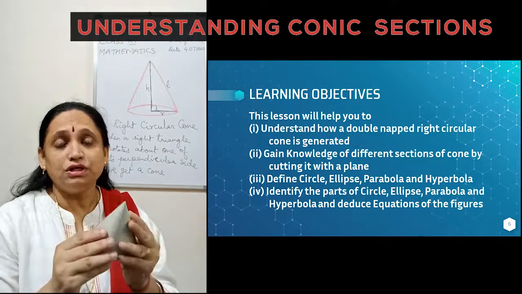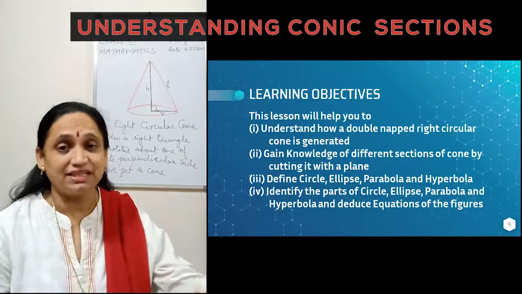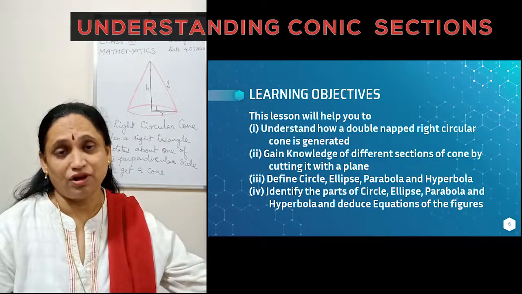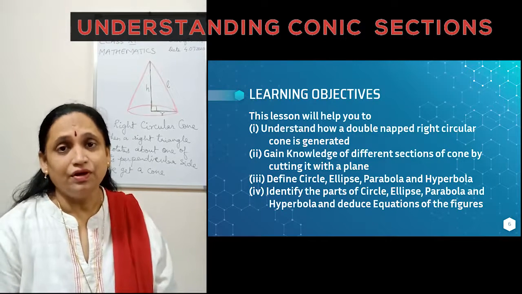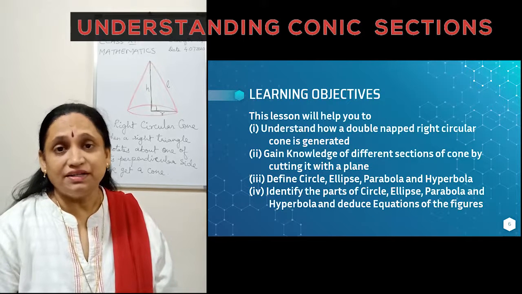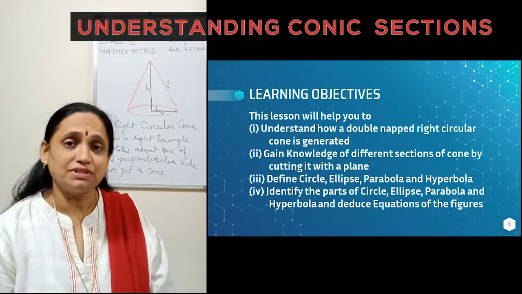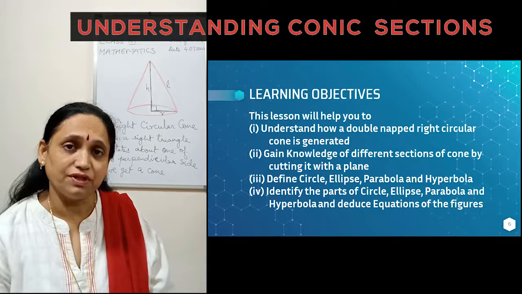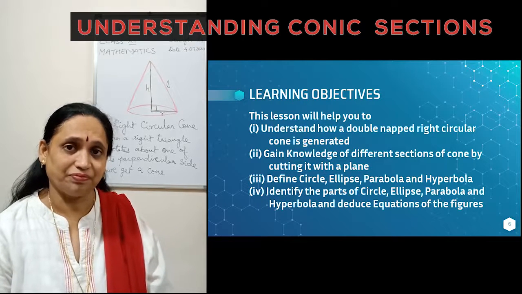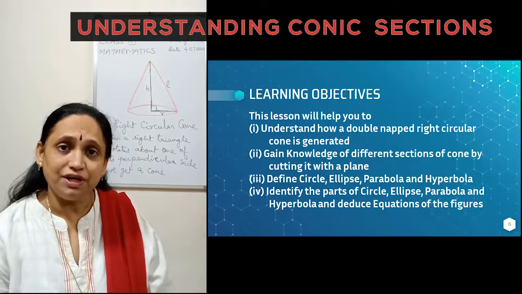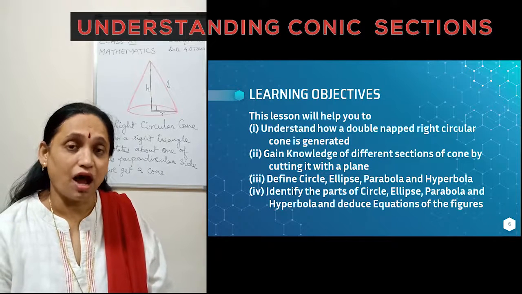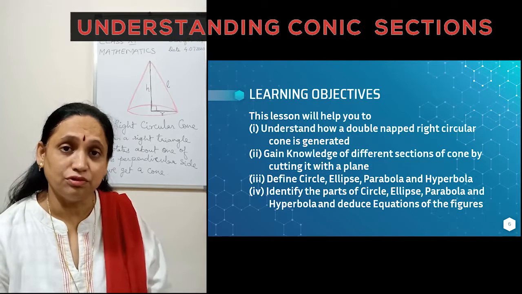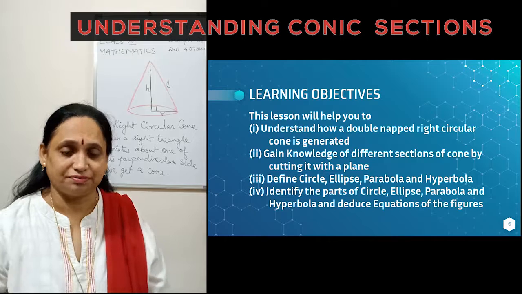You will also learn to define the shapes like circle, ellipse, parabola, and hyperbola. You will learn to identify the parts of these shapes and also find the equations of these shapes. Now, the next video will make you understand how a double napped right circular cone is generated.